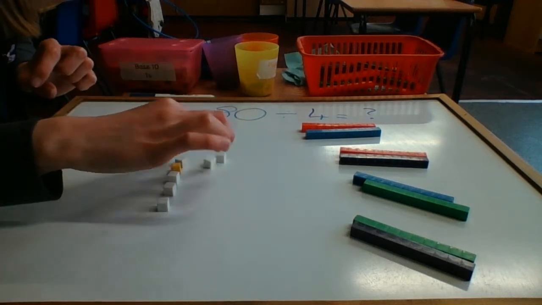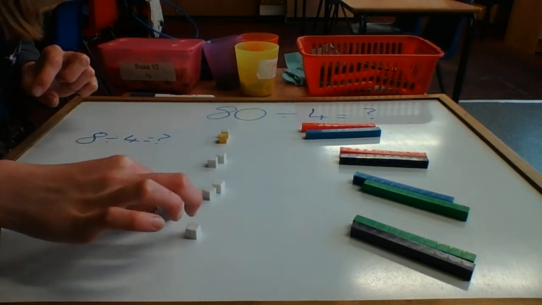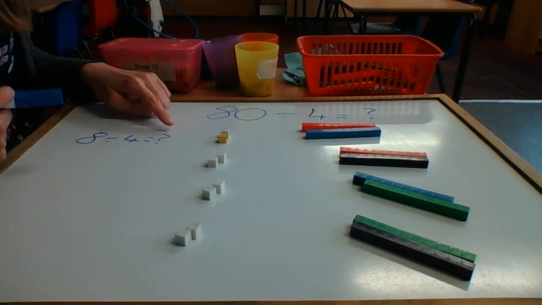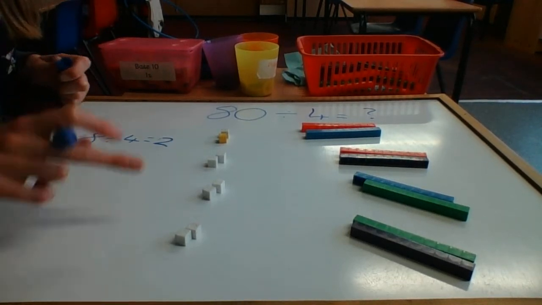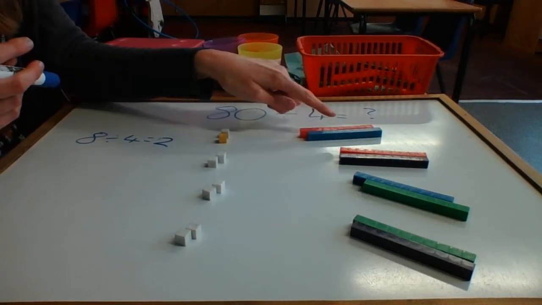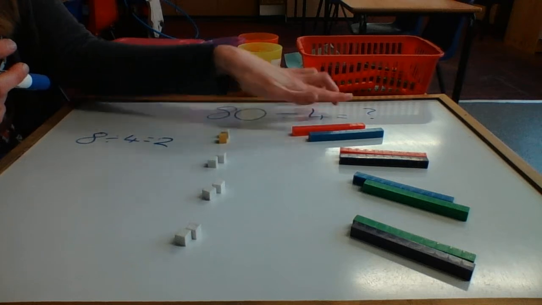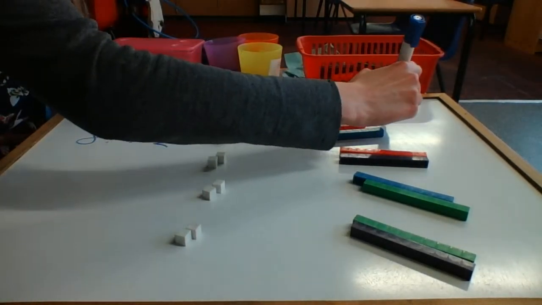Shared between 4 groups. So 8 divided by 4 is 2. 2 in each group. 80 divided by 4 is 20. I've got 2 tens, so 8 tens divided by 4 is 2 tens. 80 divided by 4 is 20.